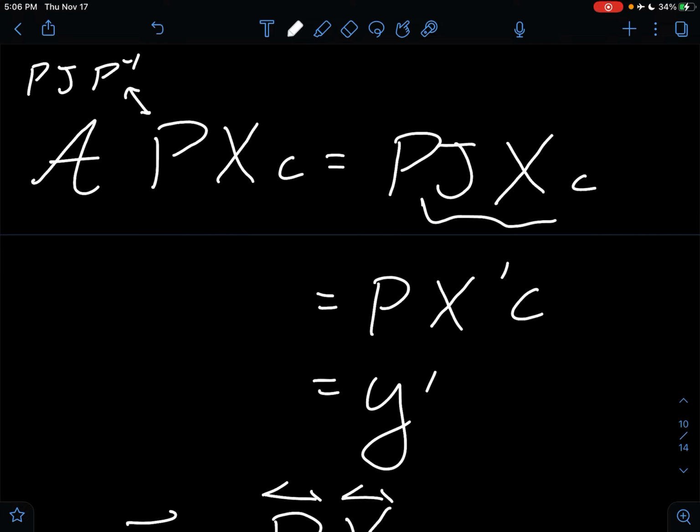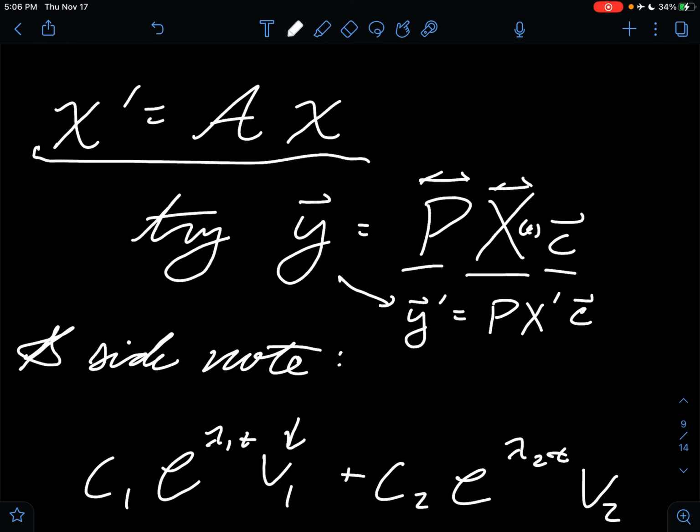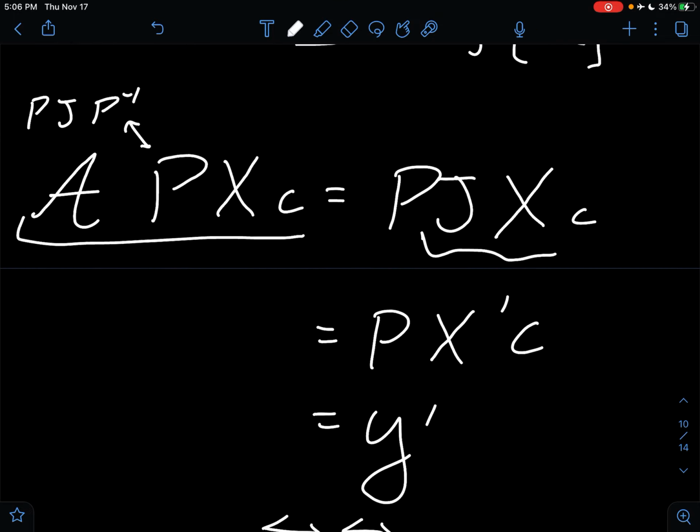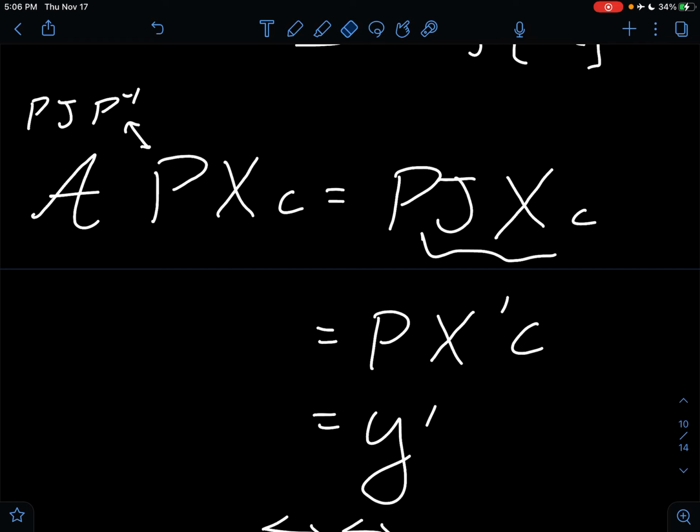But notice also that if we multiply A by P X c, so we're trying y equals P X c, maybe we'll get the derivative of y, and that's how we're checking whether this is a solution. If we multiply it by A, we know that A is equal to P J P inverse. That's what we did by Jordan canonical forming the matrix. But P cancels with P inverse, and so A times P X c is equal to P J X c.